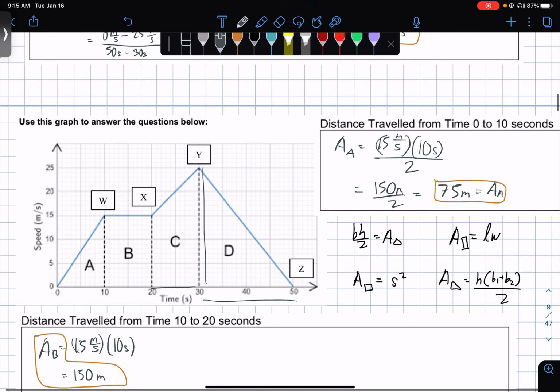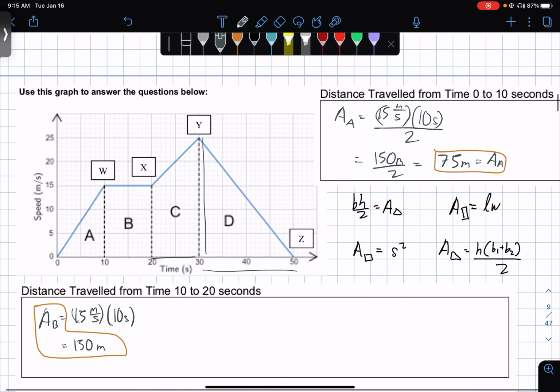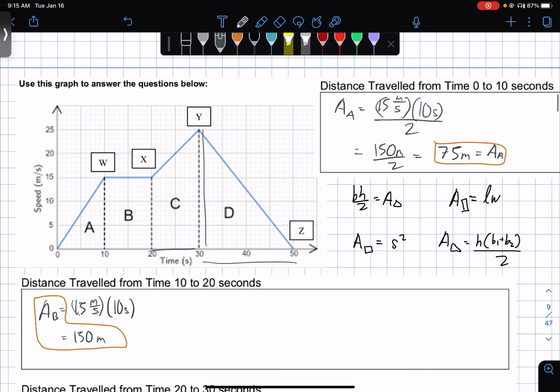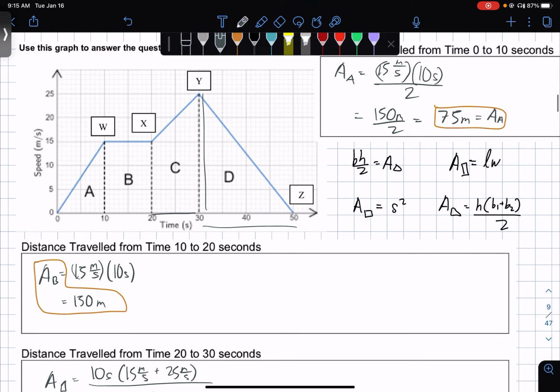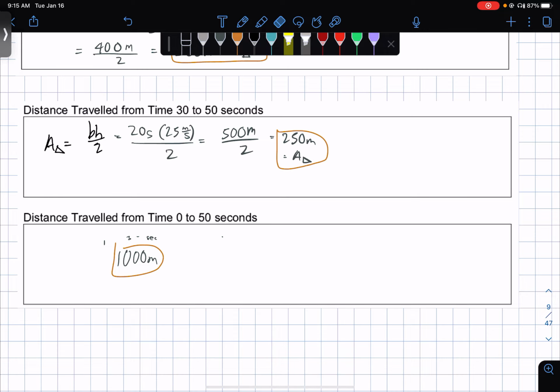Zero to 50. I believe the distance traveled throughout the entire journey from 0 to 50 seconds, you just find the sum of all of the areas.